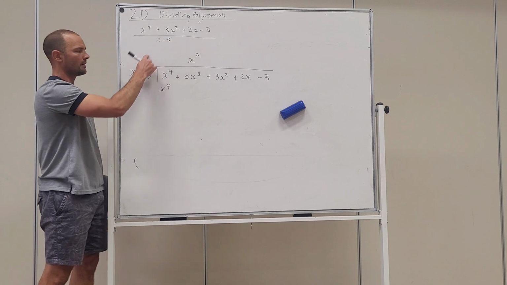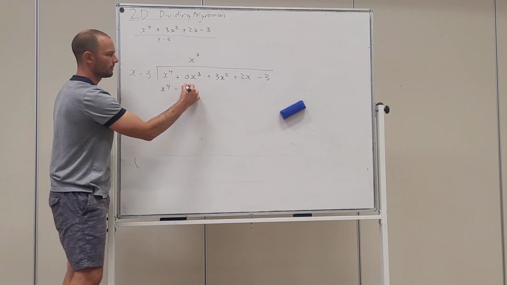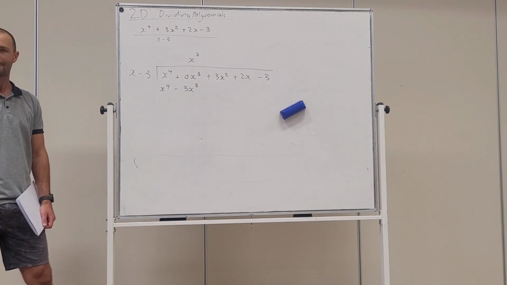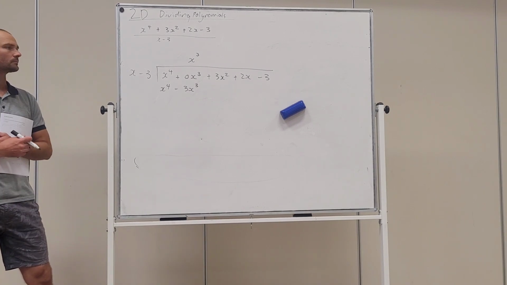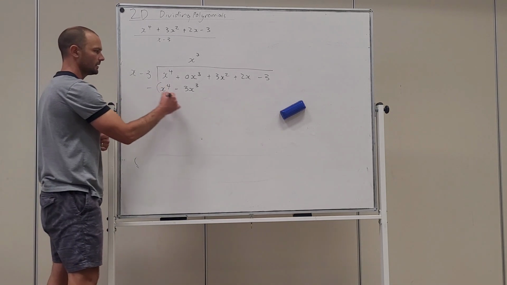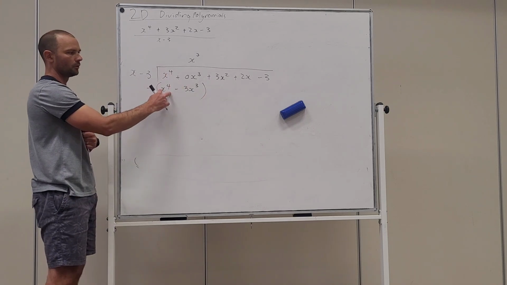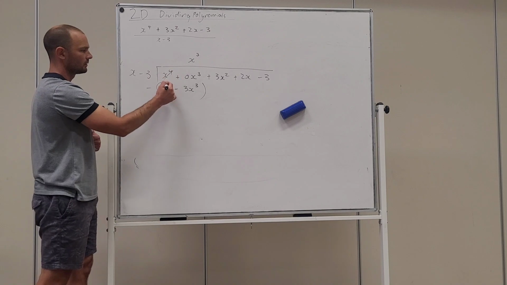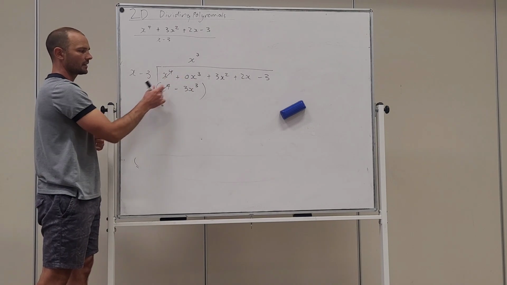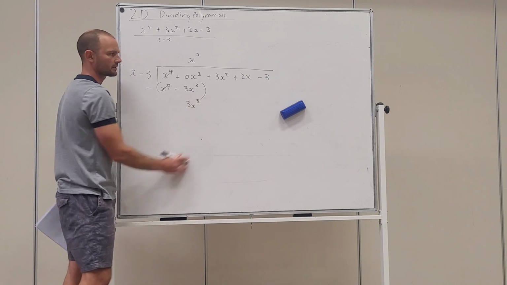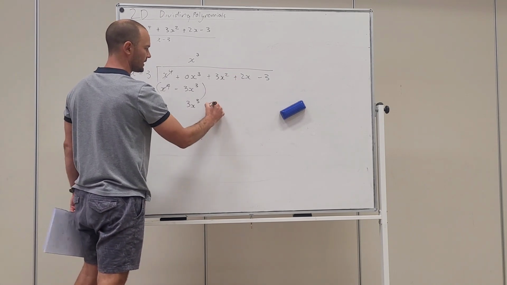X cubed times minus 3 will be minus 3x to the power of 3. Then we subtract it, so x to the 4 will cancel. If you've done it right, that term will always cancel. Then we have 0 take minus 3, that gives you positive 3x to the power of 3. We can bring these other terms down.